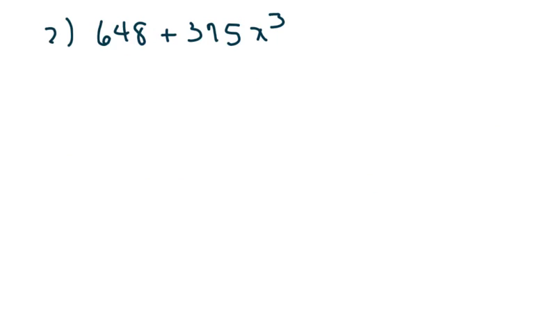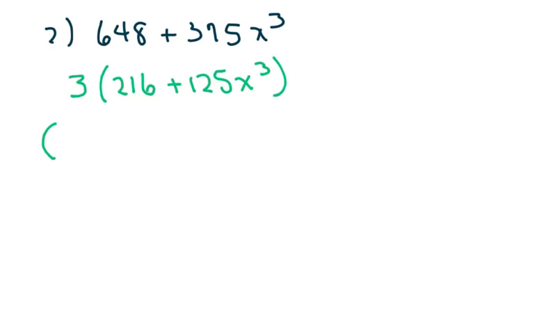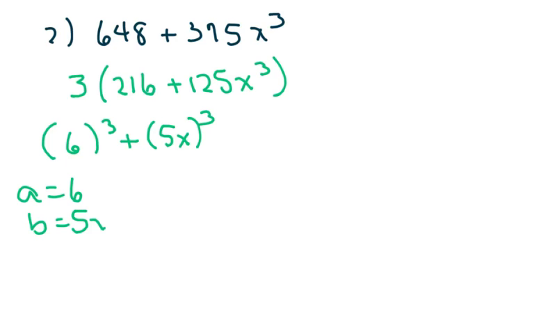Next one is here, and I'm going to go ahead and factor out a 3. And that's going to give me 216 plus 125x cubed. Follows the same formula. So my A is 6, and my B is 5x.